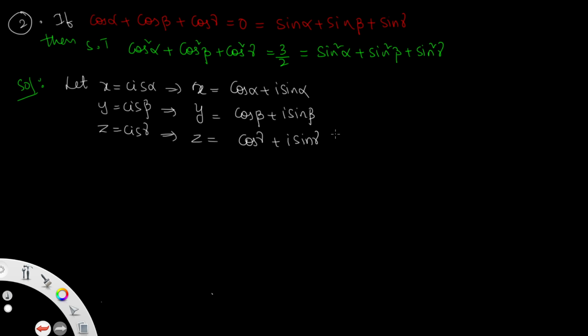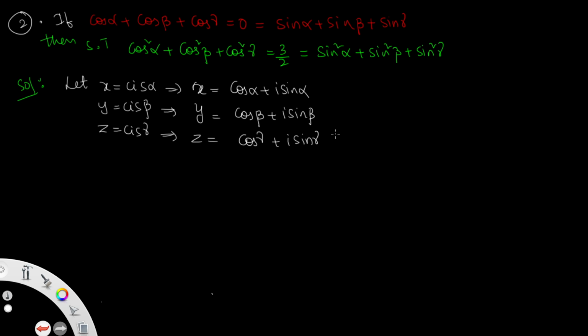So that's why we are taking x equal to cis alpha, y equal to cis beta, z equal to cis gamma. So that's all.